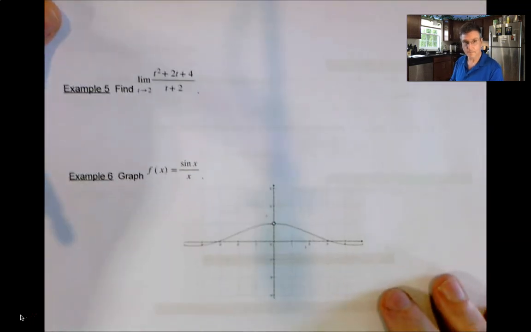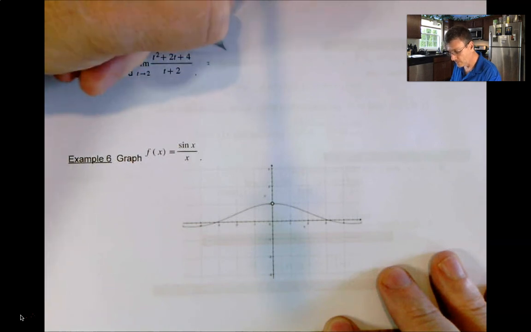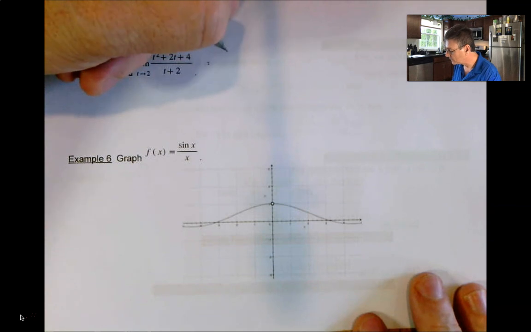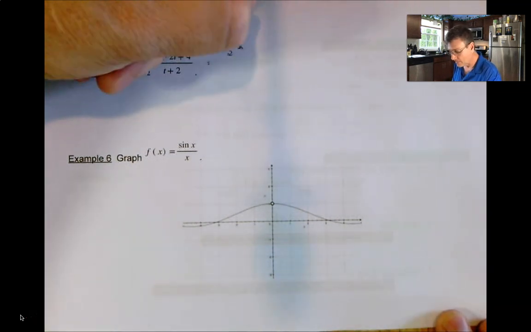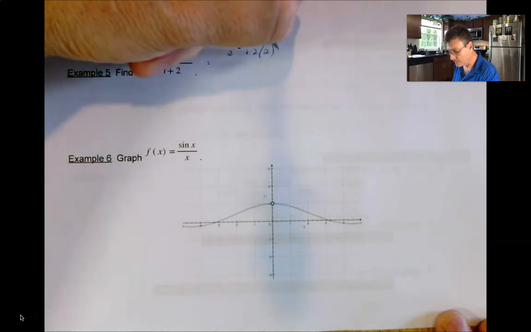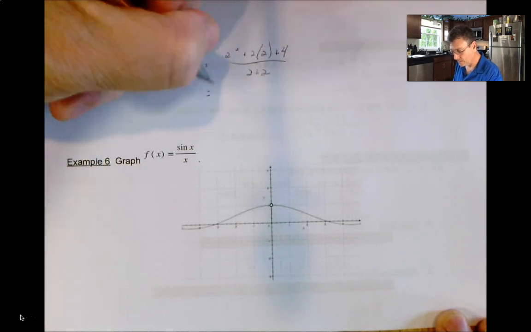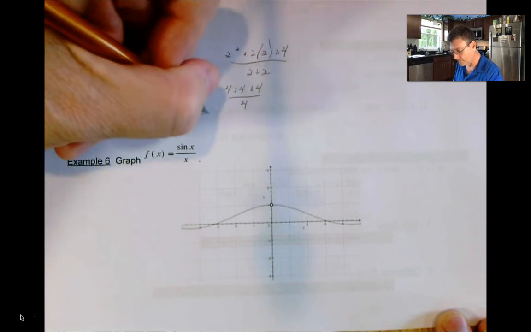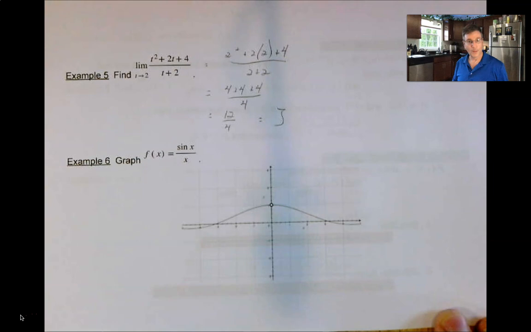So, example 5. We can go straight to direct substitution. 2 squared plus 2 times 2 plus 4 over 2 plus 2. 4 plus 4 plus 4 over 4 equals 12 over 4, which is equal to 3.